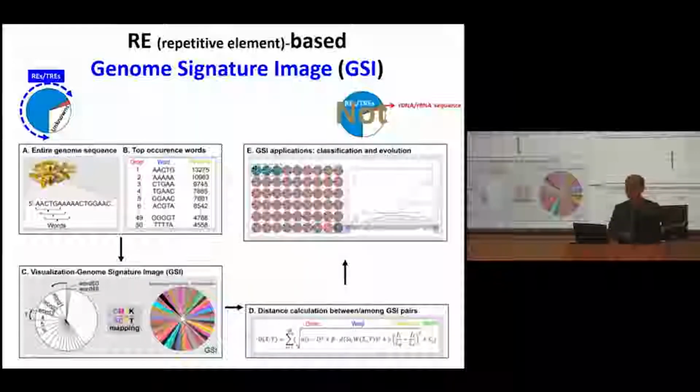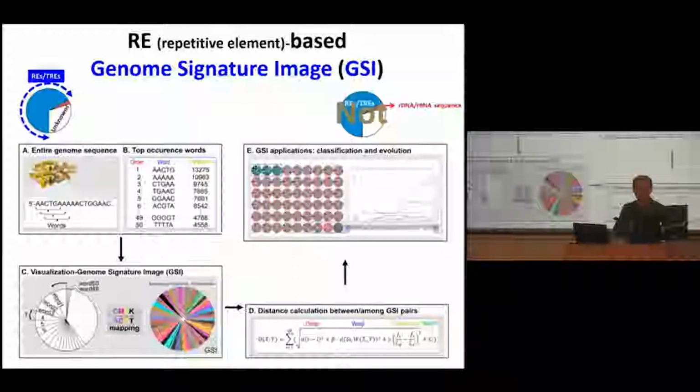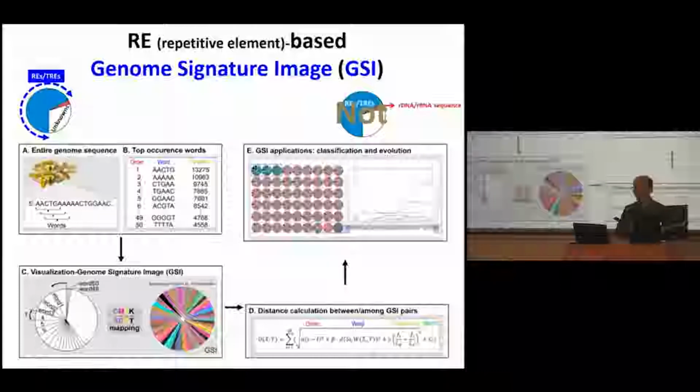So Dr. Carl Woese used ribosomal RNA sequence to classify different microbes. And now there's a Bible of microbial classification out there. But we decided to look at whether we can introduce a high-resolution classification system using repetitive element profiles in different microbes, or from the entire genome sequence.